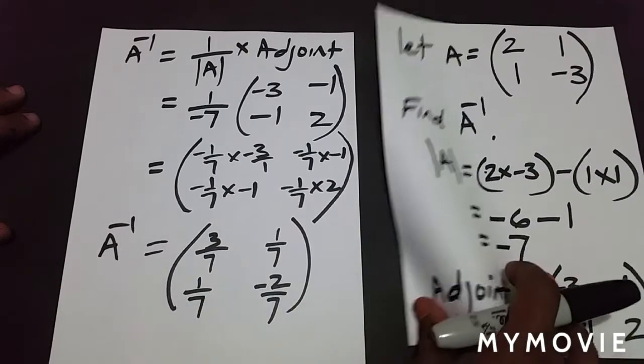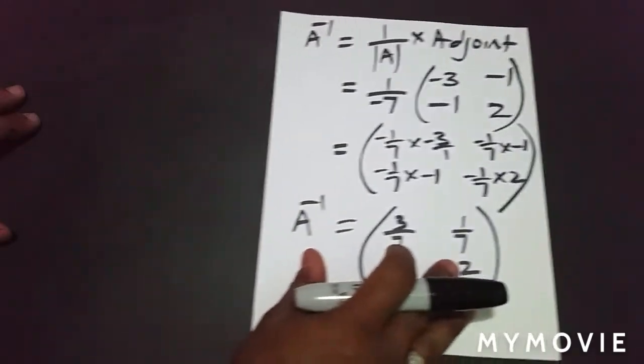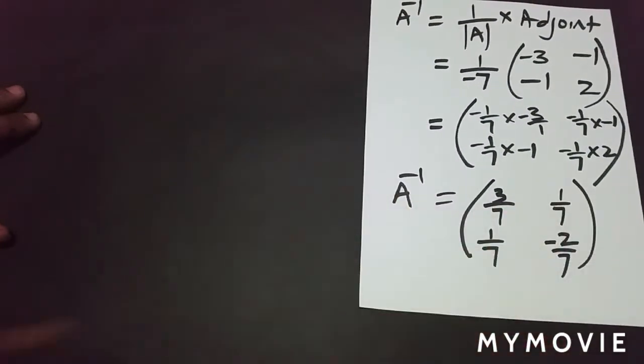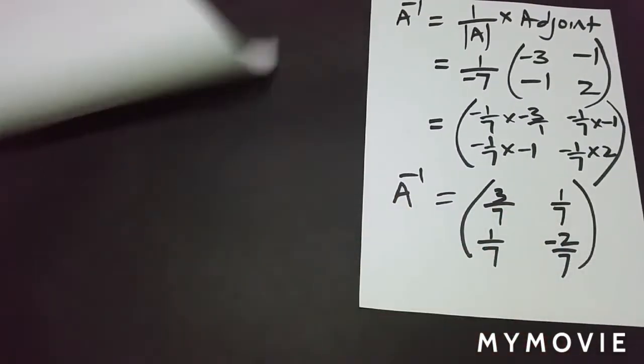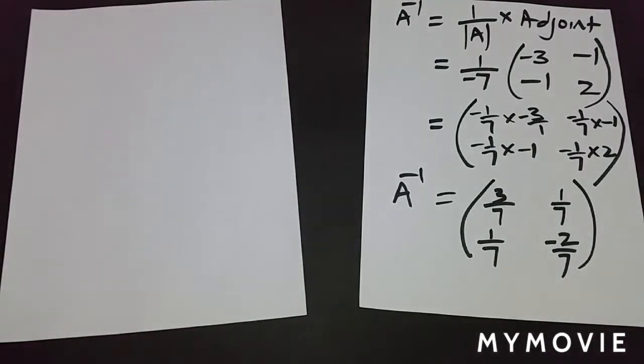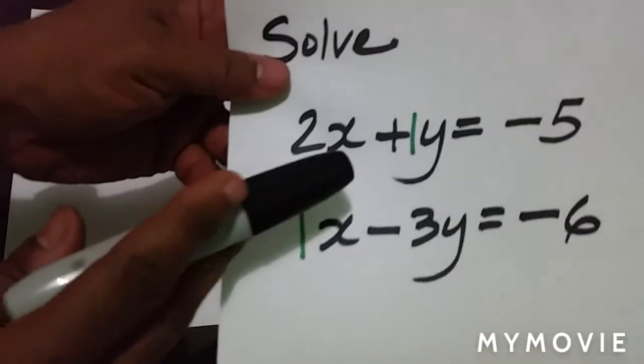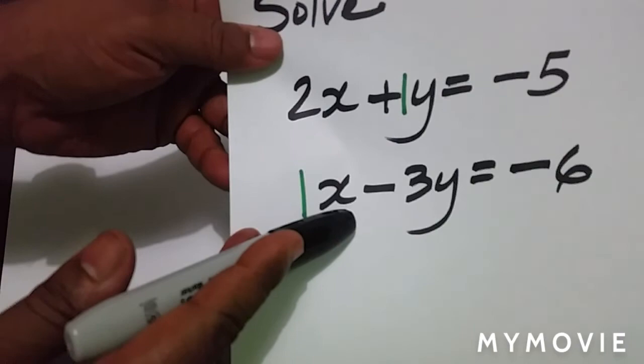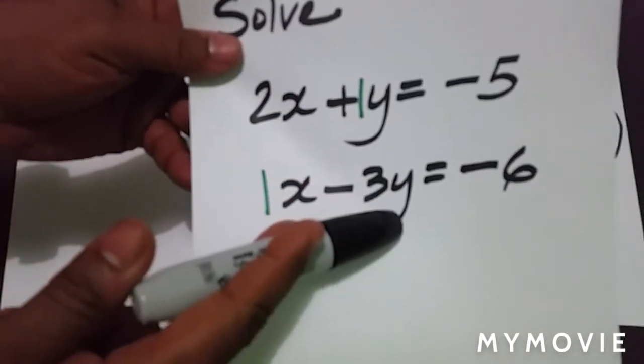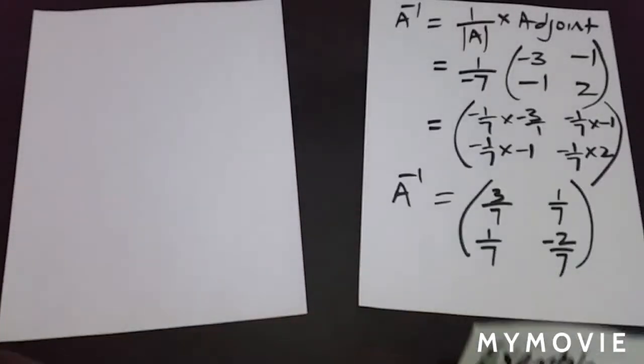All right, so we have the inverse. Now here comes the magical part, very straightforward. Now that I have the inverse, remember, x came first in both equations and y came second in both equations.